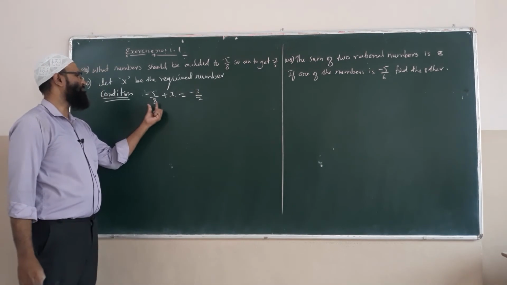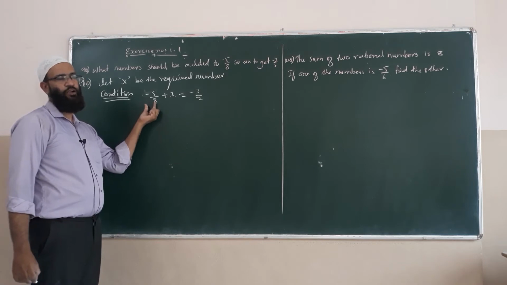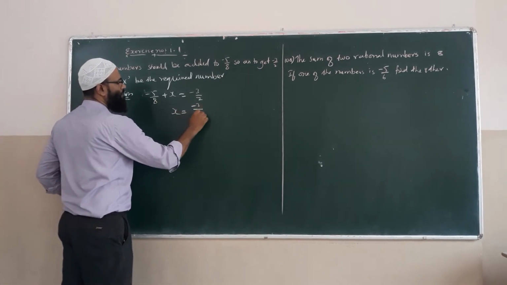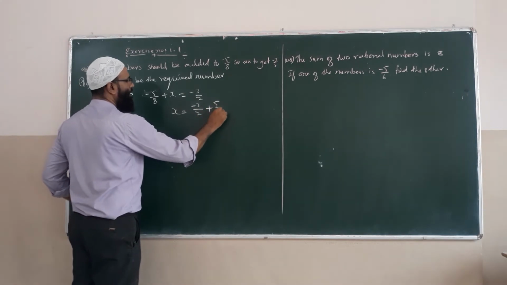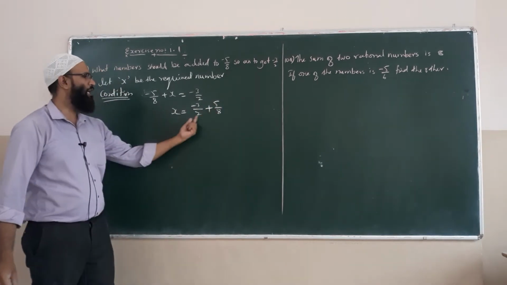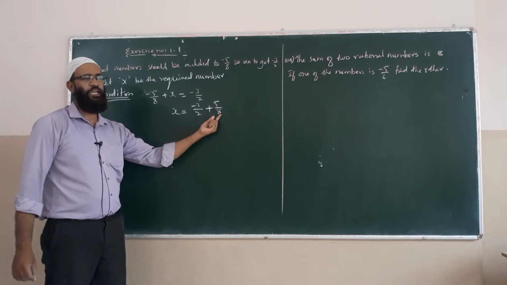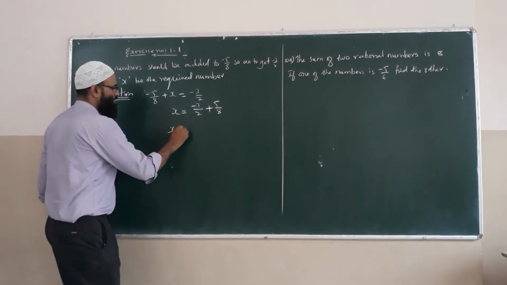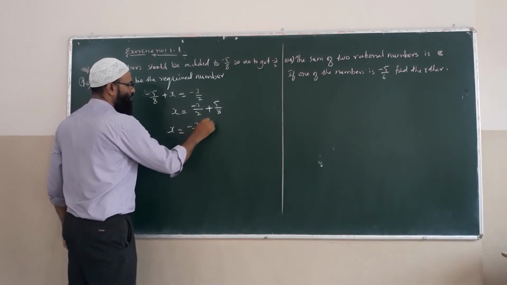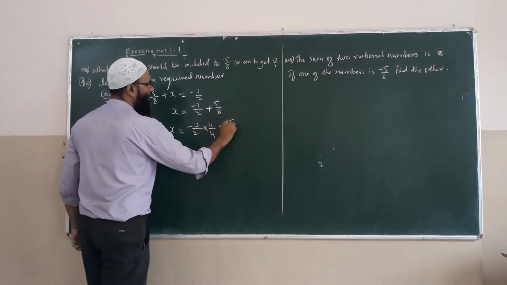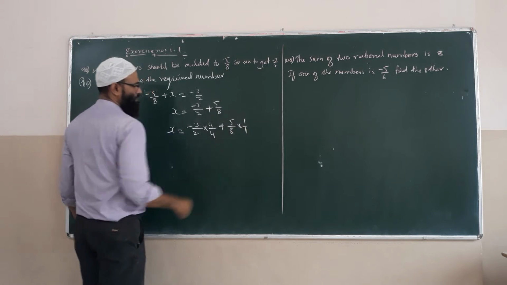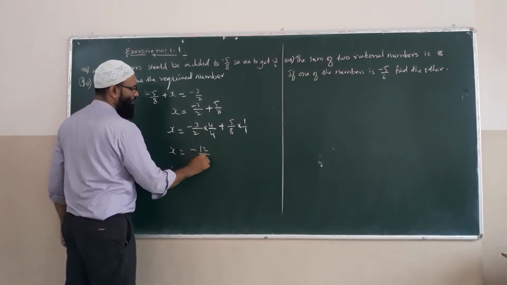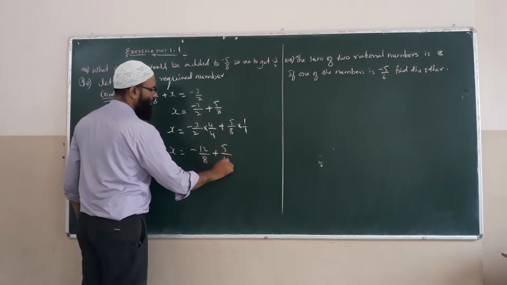Now remove minus 5 by 8 from the left side. The sign should be changed when we transpose. So x is equal to minus 3 by 2 plus 5 by 8. Now the LCM is 8. In the 2 table, where do we get 8? 2 fours are 8. So x is equal to minus 3 by 2 into 4 by 4, plus, in the 8 table, 1 ones. 3 fours are 12, so minus 12 by 8 plus 5 by 8.